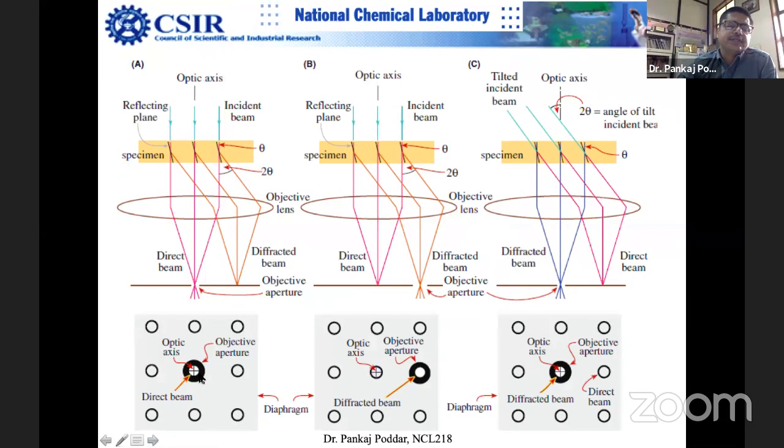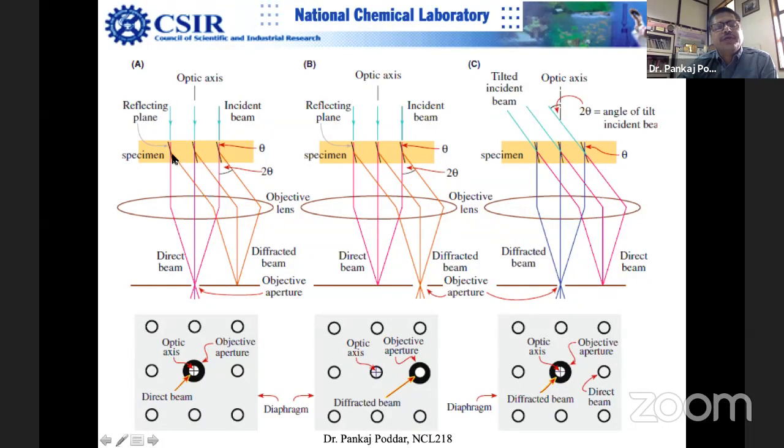Let us understand bright field first. Again, we start from the specimen, and these are parallel beams, and these are your lattice planes, which are reflecting or diffracting, whatever you call it. Usually the term is diffraction, but you can use them as mirror planes to understand things better.